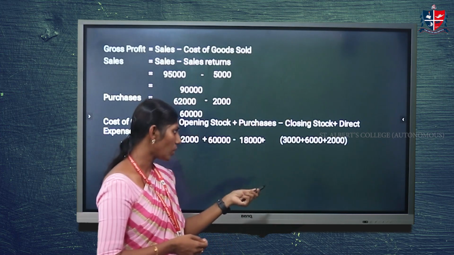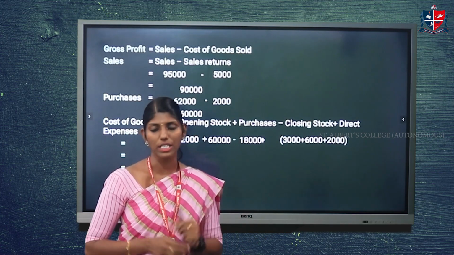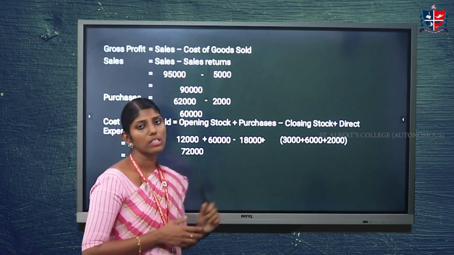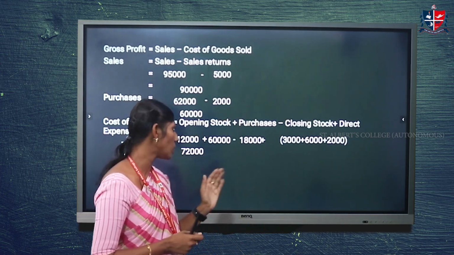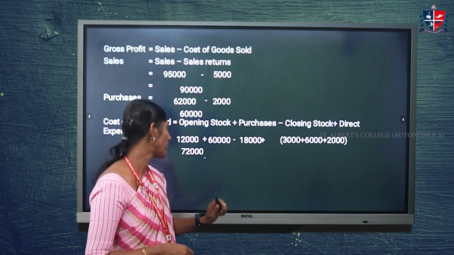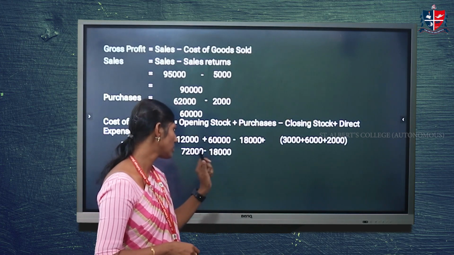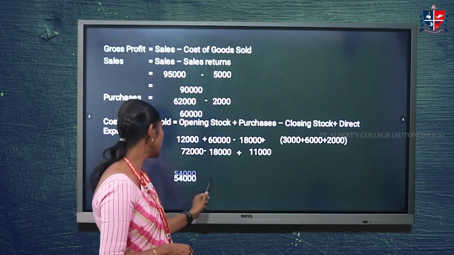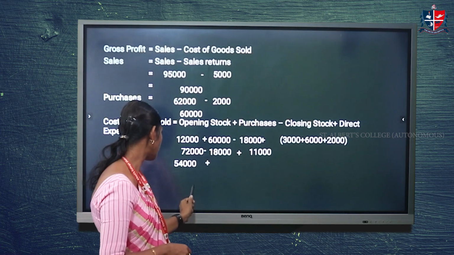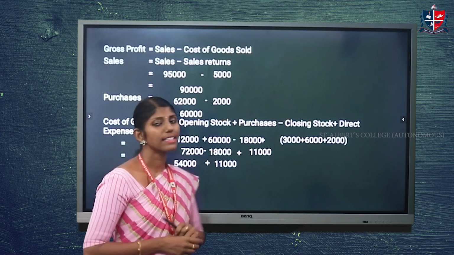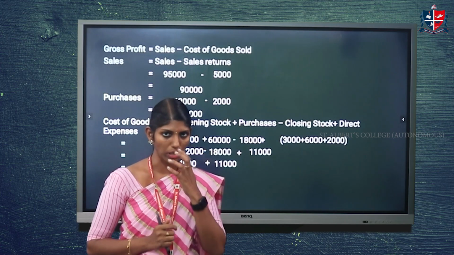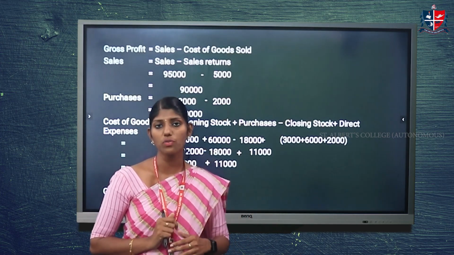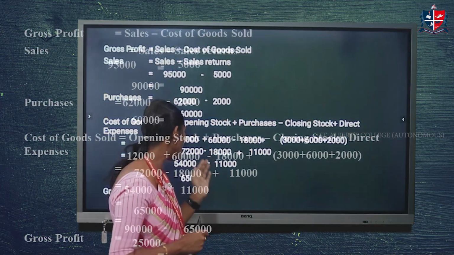That is 3,000 plus 6,000 plus 2,000. That is the direct expenses. Then now we can add 12,000 plus 60,000, that amounts to 72,000 minus 18,000 plus direct expenses total 11,000. And the final answer will be 65,000 will be the cost of goods sold. By applying this equation and substituting the amounts, we will get the cost of goods sold amounting to rupees 65,000.